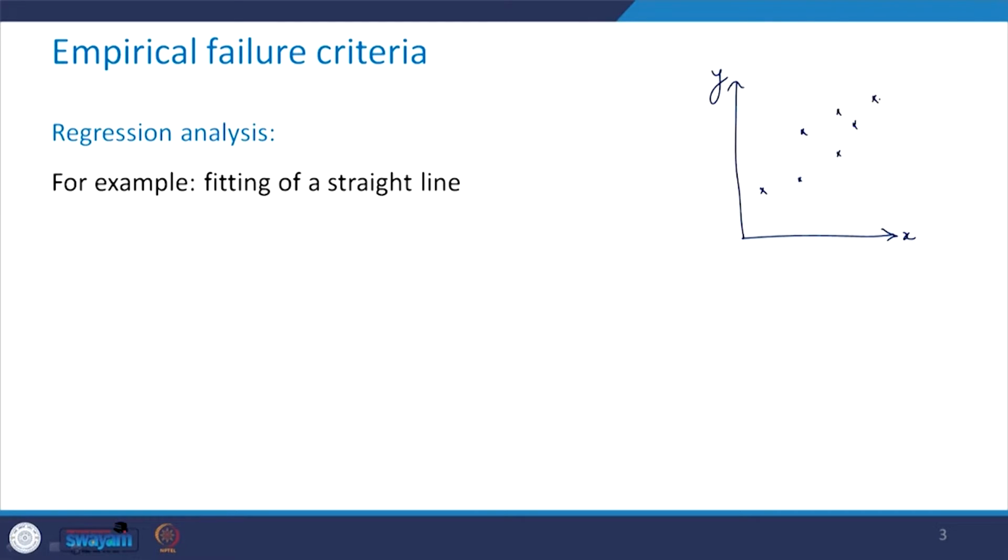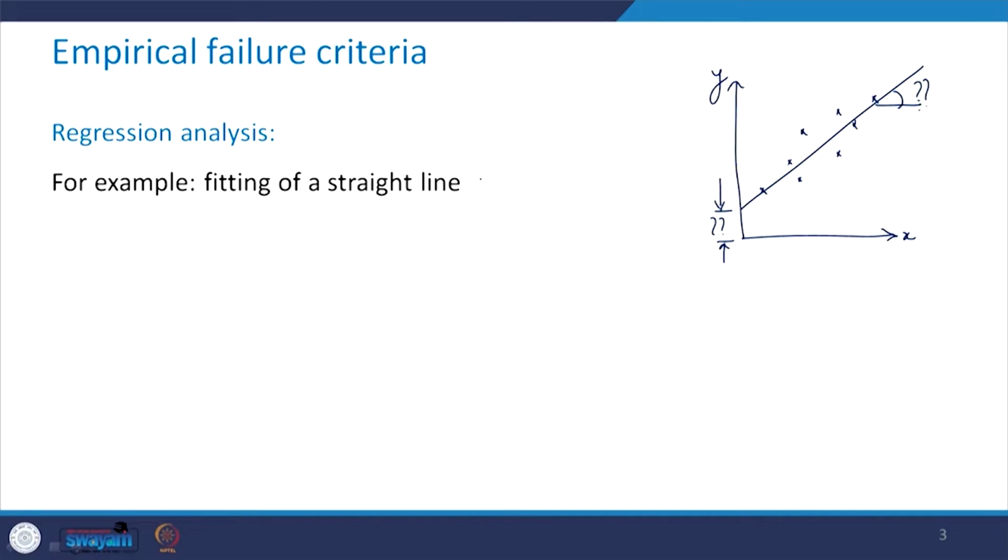Say these are some data points which we already have. Now, we want to fit a straight line to this data, which will have some intercept and some slope. I really do not know what these are.